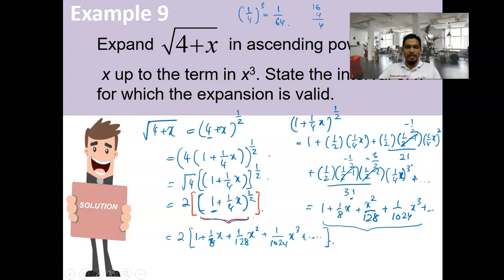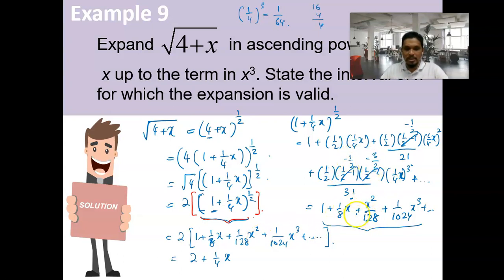Okay, so now it is 2 times 1 equal to 2. 2 times 1 over 8 is 1 over 4x minus, class, you should be careful here because this is half and times negative half, and this is negative multiplied with negative here.